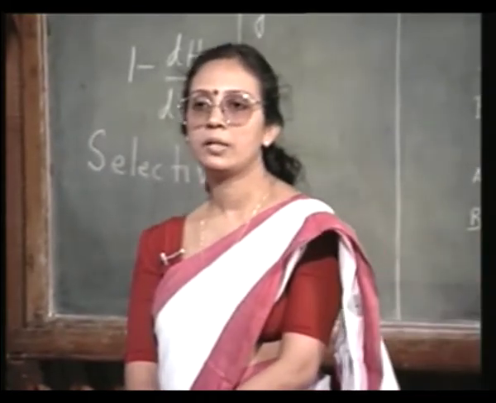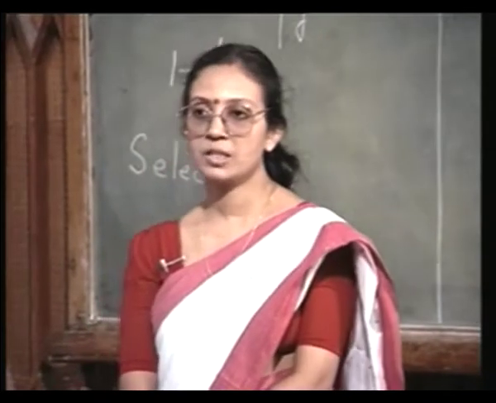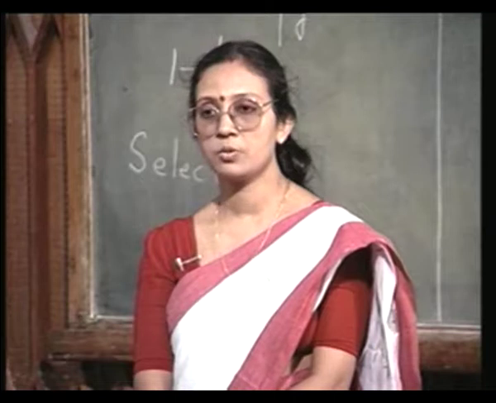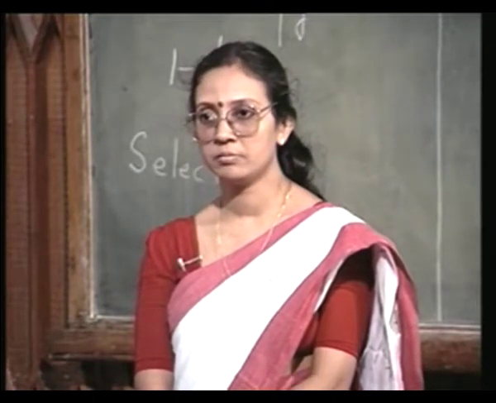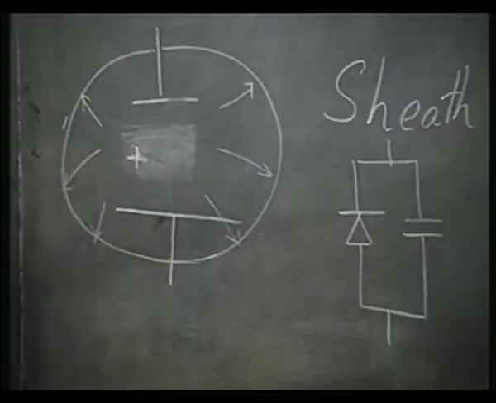If one electrode has a smaller area, then the sheath capacitance is going to be smaller, because you know capacitance is epsilon A by D. D is the separation between the glow and the electrode, A is the area of the electrode.